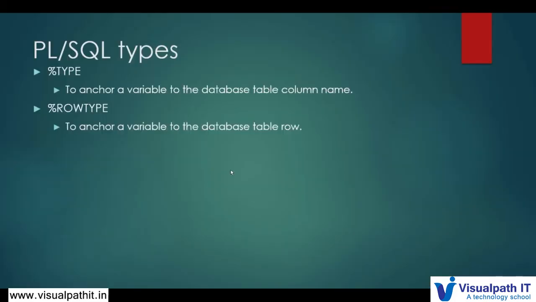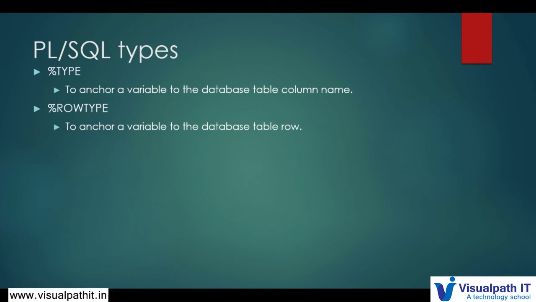So two more types we left. Now we'll see what are percent type and percent rowtype variables. This is a strong way of defining any variable in PL SQL. What percent type does is it anchors a variable to a database table column name.